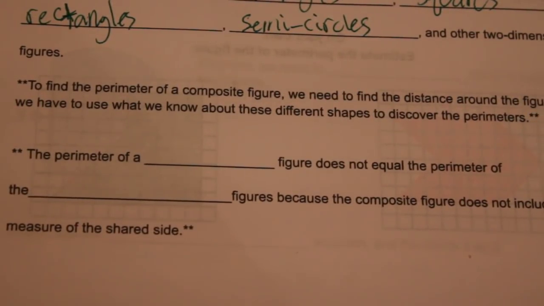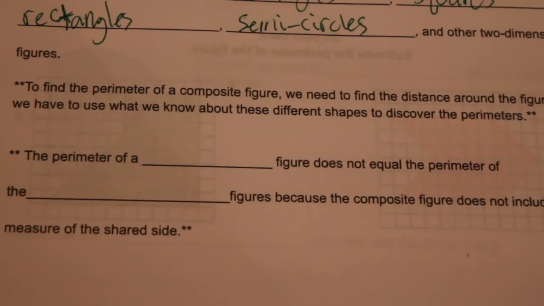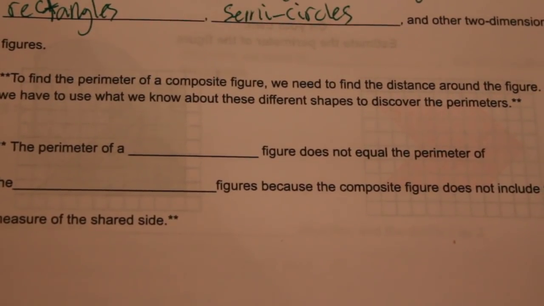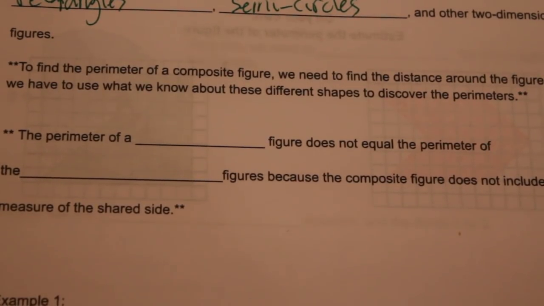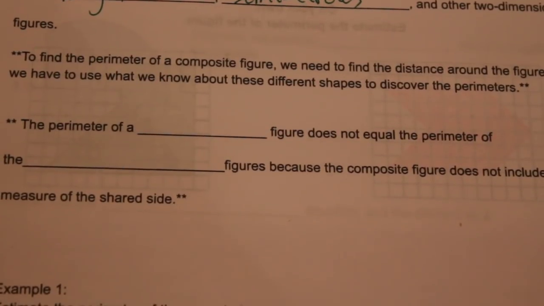Something to note here is to find the perimeter of a composite figure, we need to find the distance around the figure. We have to use what we know about these different shapes to discover the perimeters.